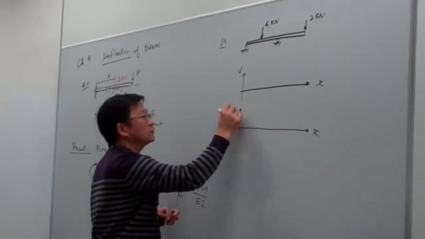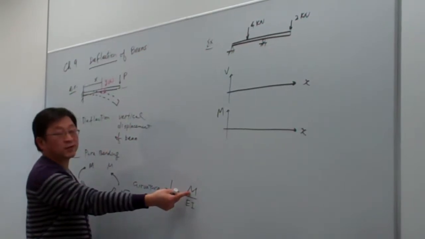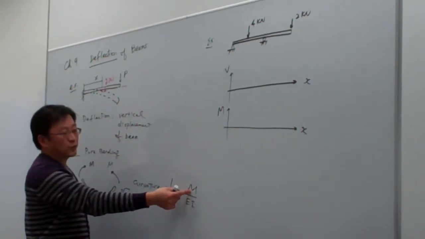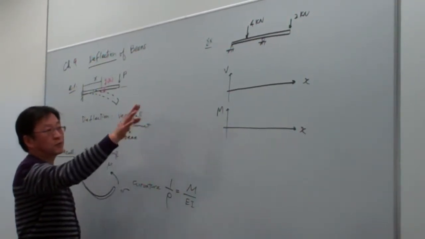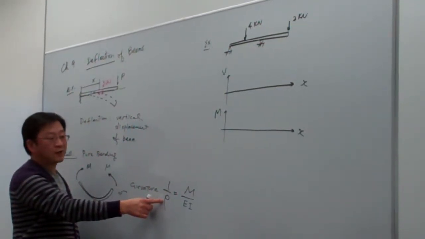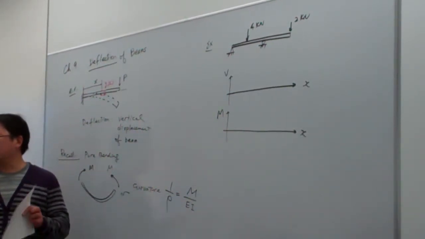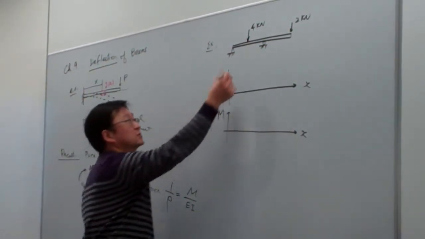Why do we want to draw it? Because I want to get information about the bending. I want to know the distribution of the bending across the whole beam. From there, we'll be able to calculate the curvature, and we'll know how the beam will be curved at those positions.